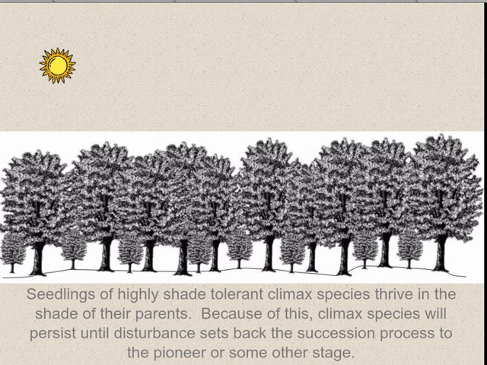What allows the climax species to persist is the fact that the seedlings of these highly shade-tolerant climax species thrive in the shade of their parents. They're able to grow in the shade. Because of this, climax species will persist until disturbance, fire, a bulldozer, a tornado, sets back the succession process to the pioneer or some other stage.